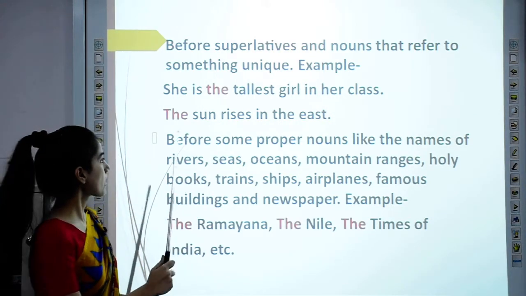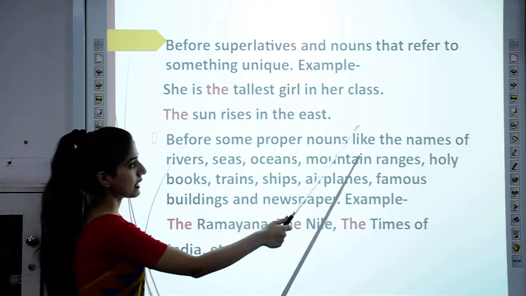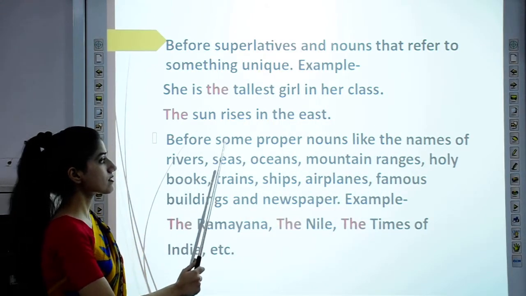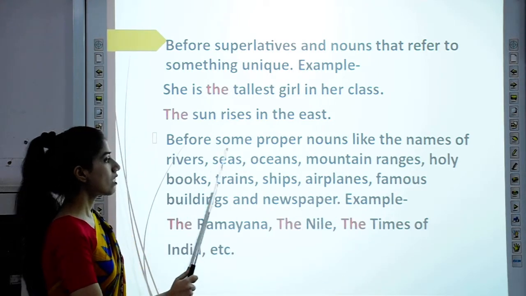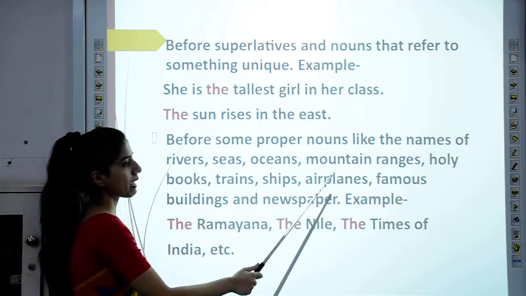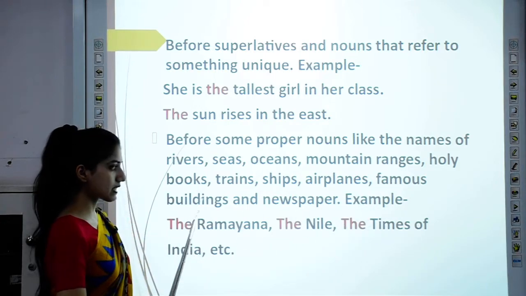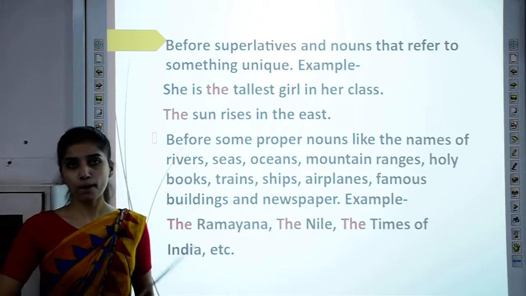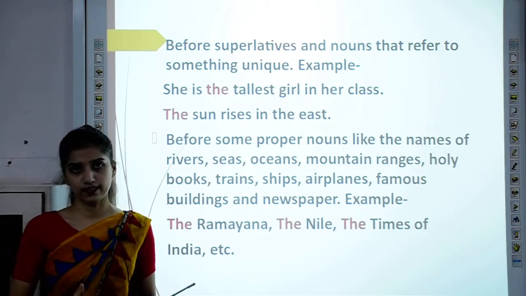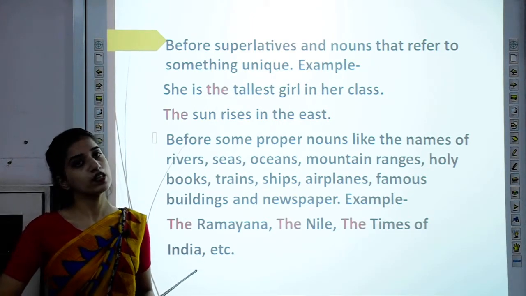Before some proper nouns like the names of rivers, seas, oceans, mountain ranges, holy books, trains, ships, airplanes, famous buildings and newspapers. With these proper nouns we will be using "the" before them.